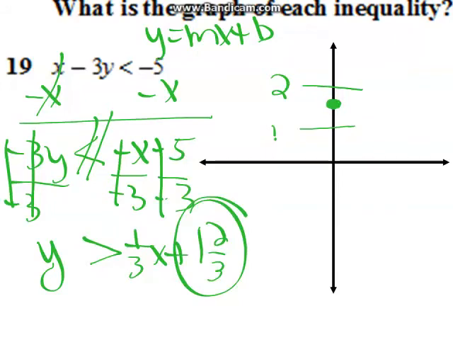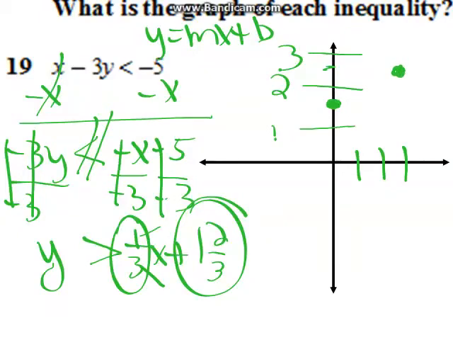Okay, and then we've got a slope, rise 1 and run 3. That's what 1/3 means. Rise 1, run 3. So from this point, we're going to rise 1. So from 2/3 to the next 2/3, there's rising 1 right there. And we're going to run 3. 1, 2, 3. So it's going to take us about right there.